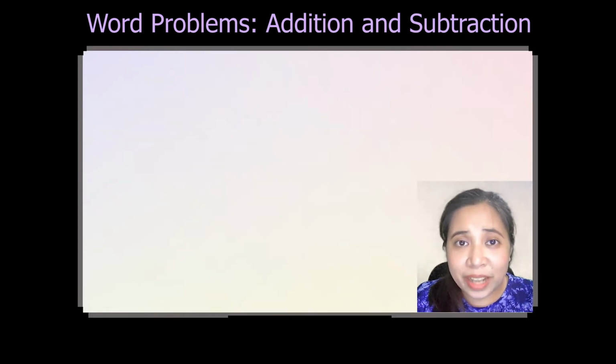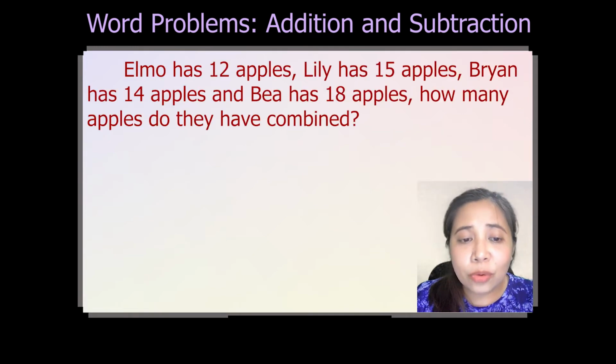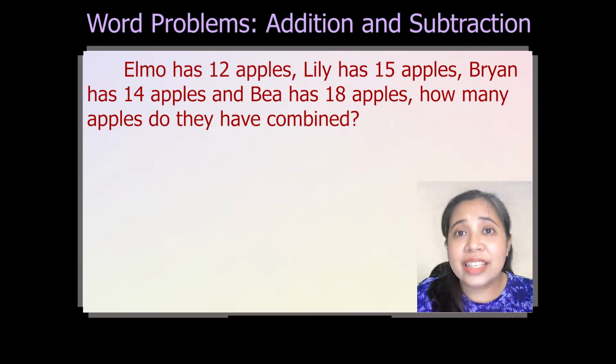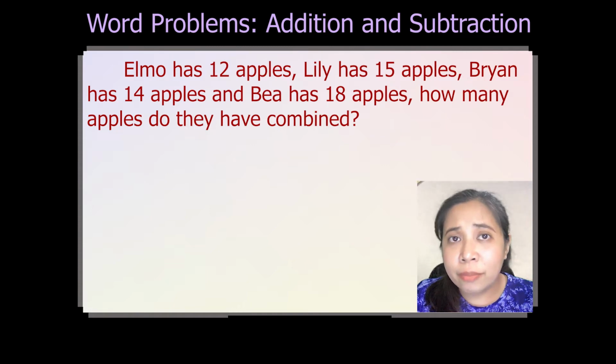Pangalawang example naman tayo. Elmo has 12 apples. Lily has 15 apples. Bryan has 14 apples and Bea has 18 apples. How many apples do they have combined?